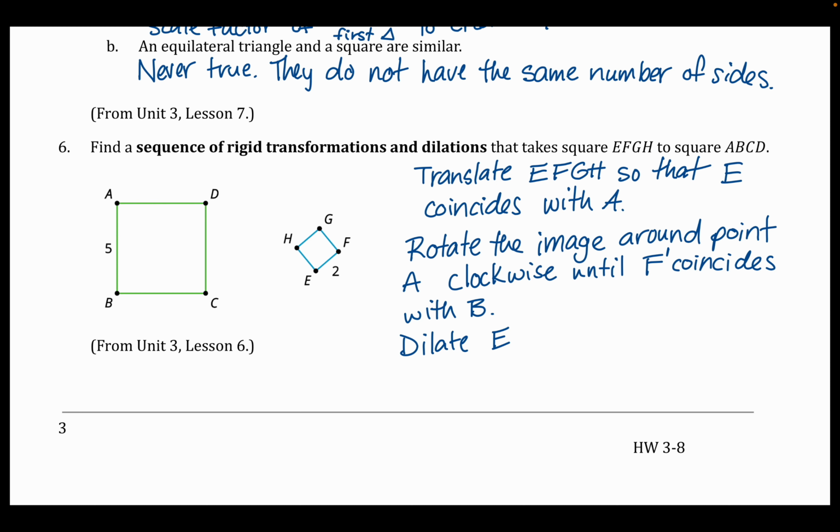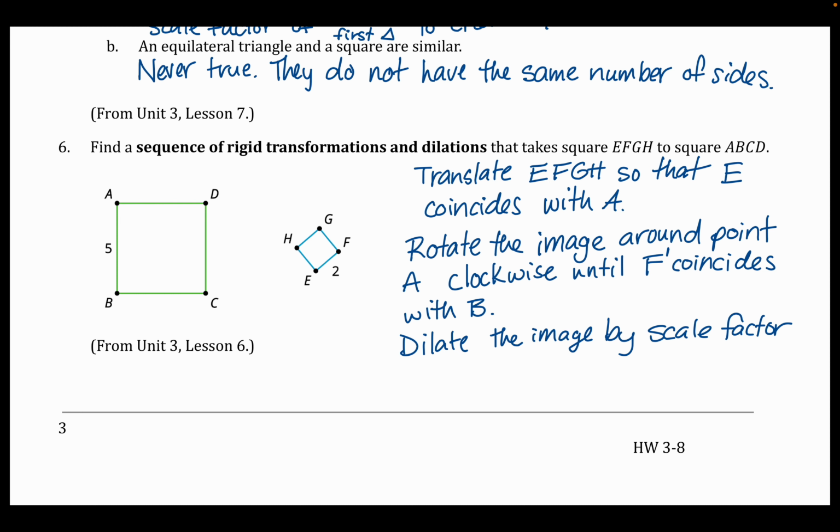We'll just say dilate the image, that'll be easier. Gets a little tricky with naming conventions. So dilate the image by scale factor. Now we actually have to calculate what our scale factor is.